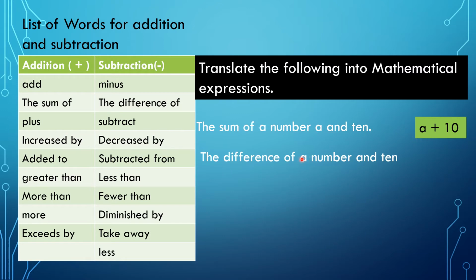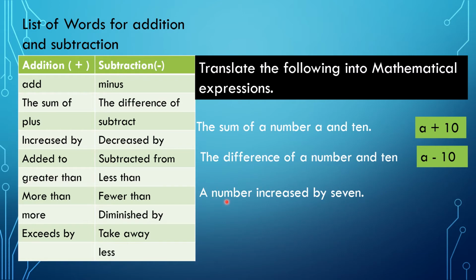Here, the difference of a number and 10, pwede kang pumili ng kahit anong letters ng alphabet to represent that number that is not specified. So here I also use A. So A minus 10.